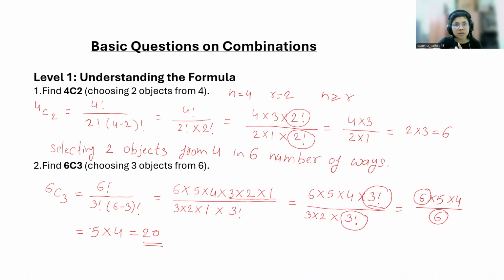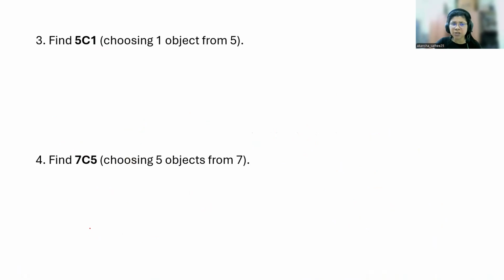Okay. Next problem. Again, this I think you can do easily. 5C1. So n is 5, r is 1. It is factorial 5 upon factorial r, that is factorial 1, into 5 minus 1 factorial.